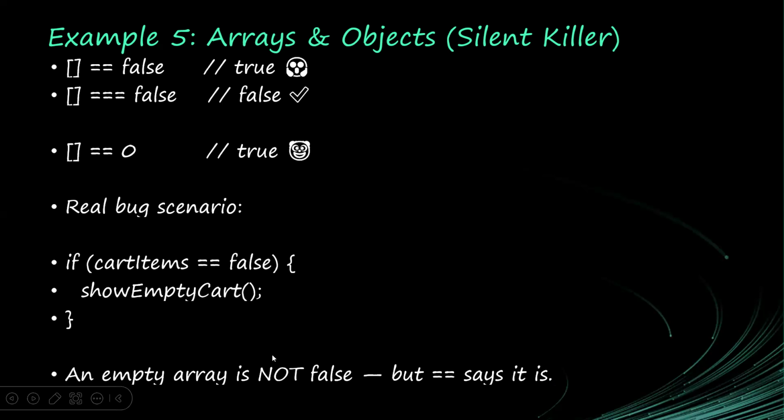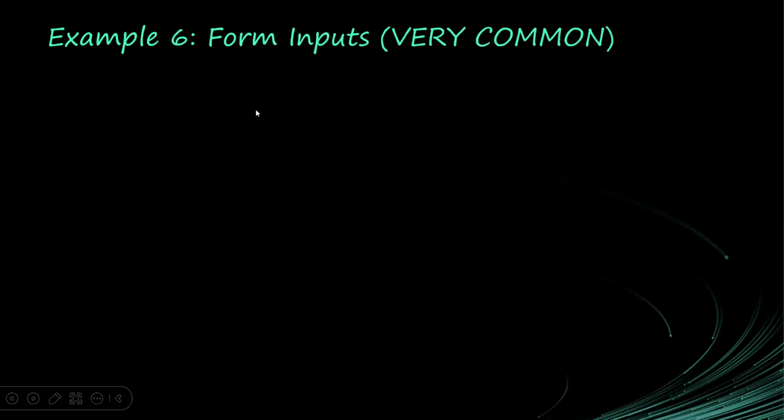So an empty array is not false, but the non-strict equality operator says it is. This is not even the best way to check for an empty array. The best way is to check the cart items dot length, and see whether the length is 0 or not. Okay. All right. So this is the last example we are going to have.